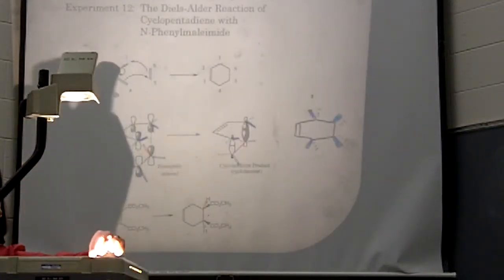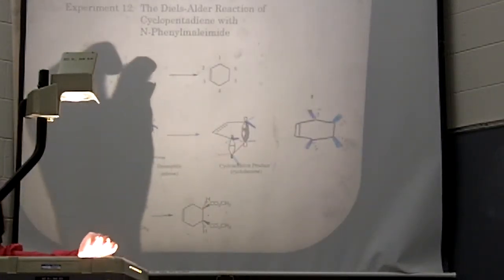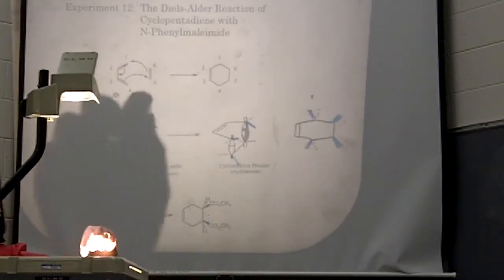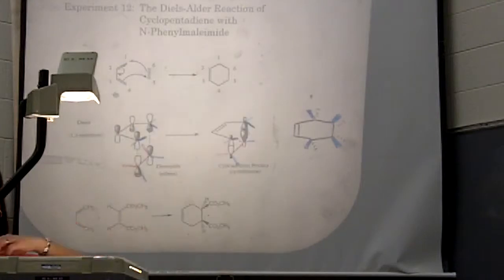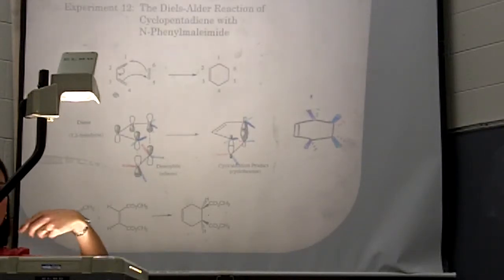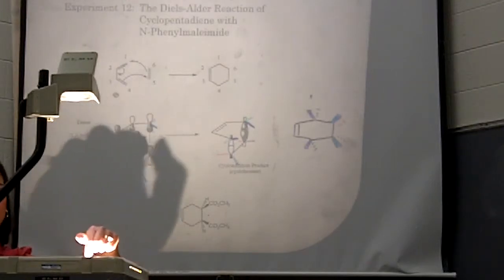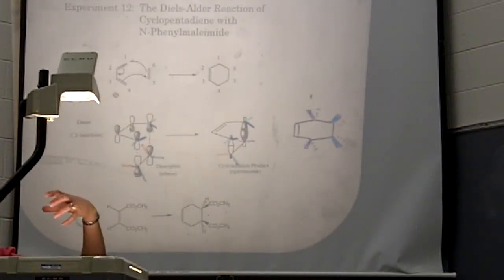So we've got 1, 2, 3, 4 + 2 addition, and again, it's a cyclic transition state, concerted mechanism. So all of those adjectives describe this particular reaction and the mechanism involved. Now what you have going on is this sigma overlap.